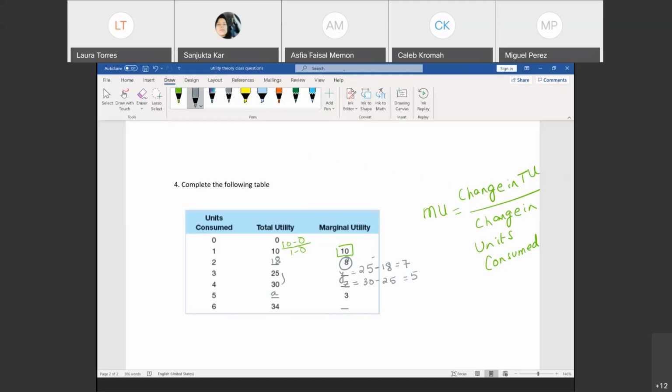Then this 3 is equal to a minus 30, so a is equal to 33. The next number, say this is b. This is equal to 34 minus 33, and this is equal to 1. This is how I find the marginal utility from the total utility and vice versa.